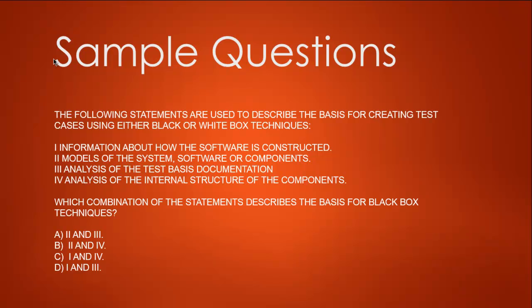So 2 and 3 are black box techniques. Let's go for 4, analysis of internal structure of components. That would be white box. So 2 and 3 options sound closer, so let's find out which is giving us that option. A says 2 and 3, B says 2 and 4, C says 1 and 4, D says 1 and 3. So out of which option A is our answer.